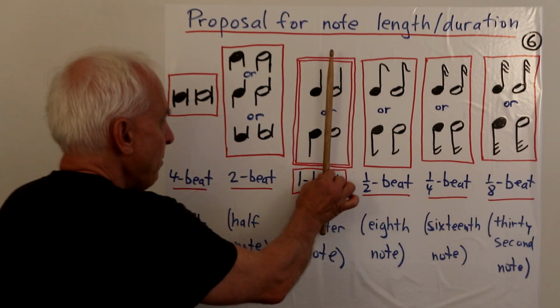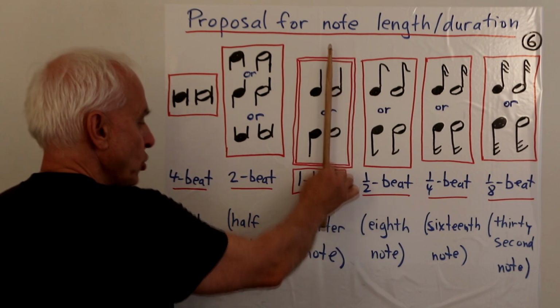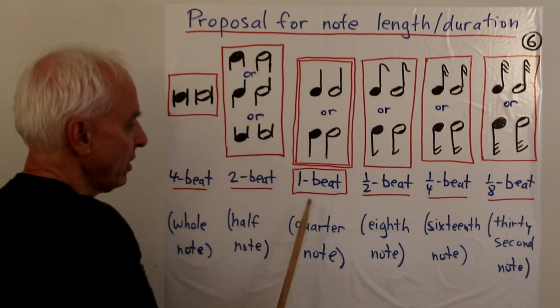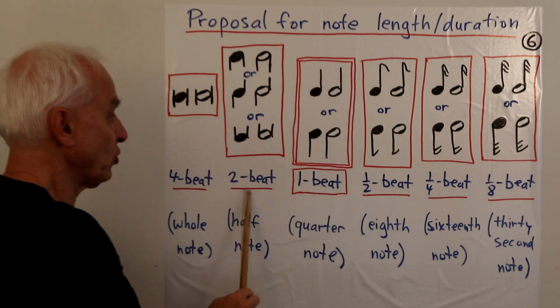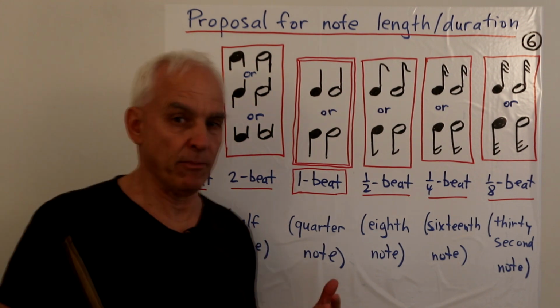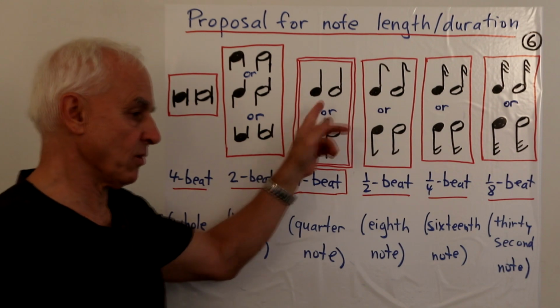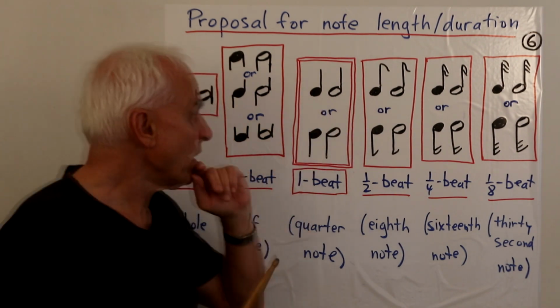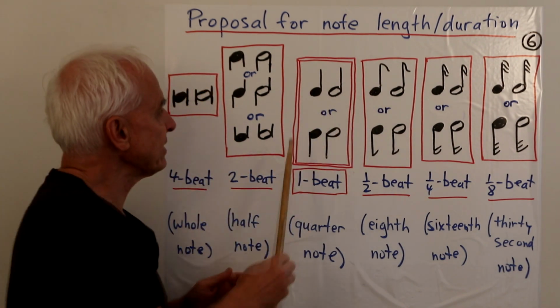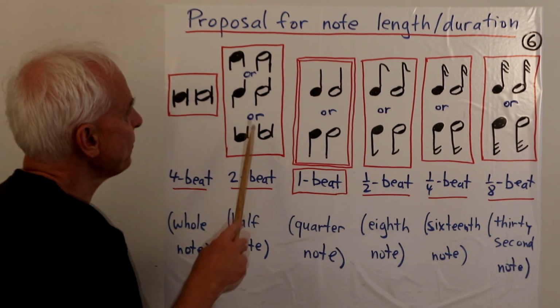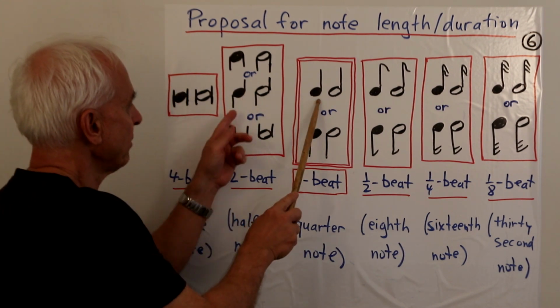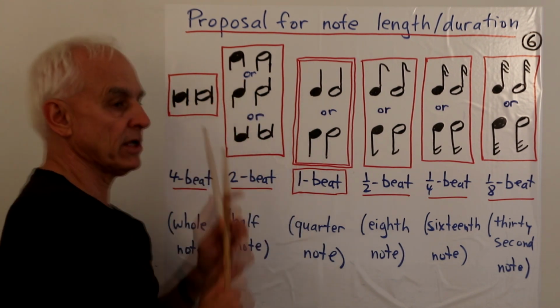Okay, but what about the step from what's usually called a quarter note to a half note, what we're going to call a one-beat note to a two-beat note? We have to make up something here, because we can't just use the white. We've already used the black to white note already. So what I propose, somewhat in line with this, is that we take, say, a black note there, and we have 2 little stems.